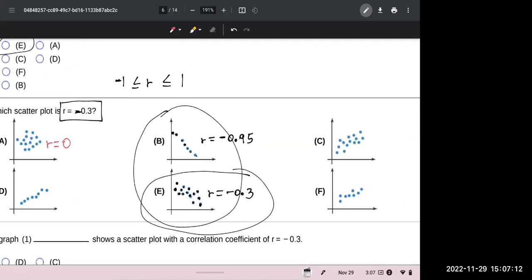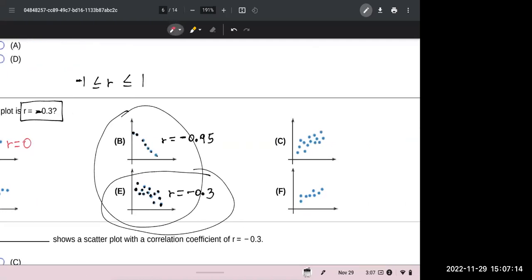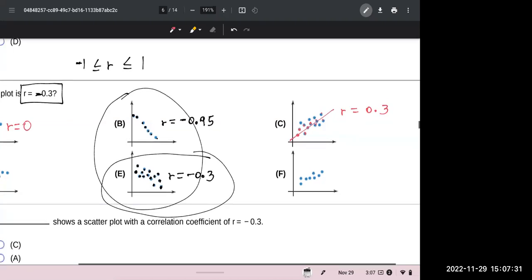I explained B and E. In this case, the correlation coefficient will be equal to positive 0.3, because the scatter plot can be represented by a straight line with a positive slope, the line which is increasing. Okay, here for F, those points create an almost perfect straight line. So here the correlation coefficient will be, let's say, something about 0.8, 0.85.